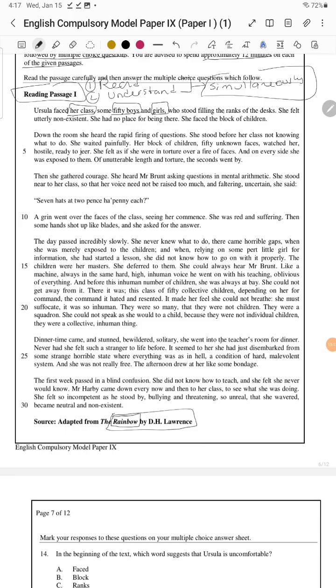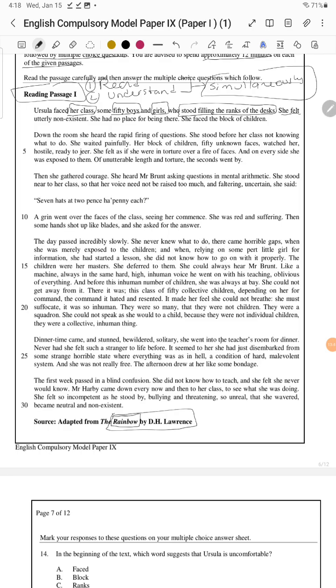They stood filling the ranks of the desks. So the meaning you can find from this is that Ursula faced her class in the past tense. Some 50 boys and girls were there, standing or sitting in the desks to fill the gaps.